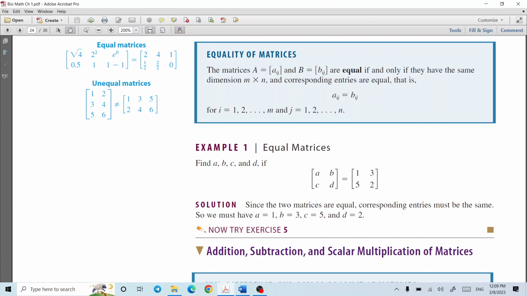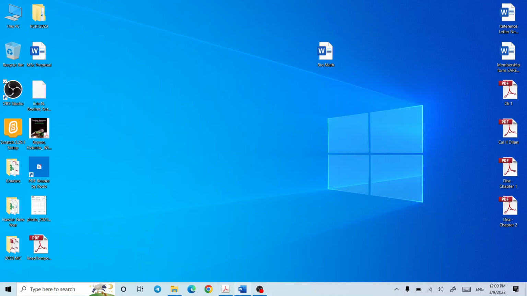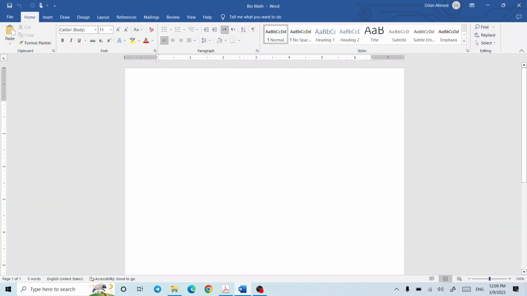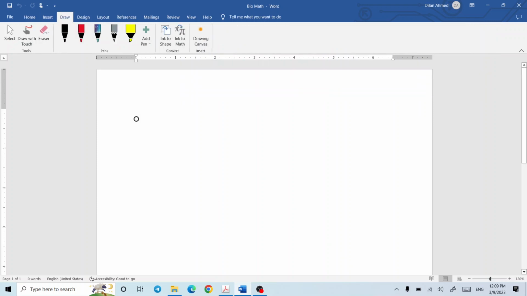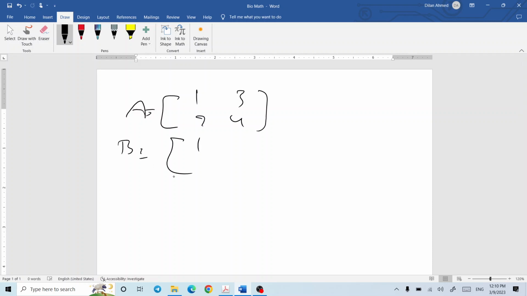What do you mean by that? For example, if I have matrix A equal to 1, 2, 3, 4, and matrix B is equal to 1, 2, 3, 4. My question is, are these two matrices equal or not?